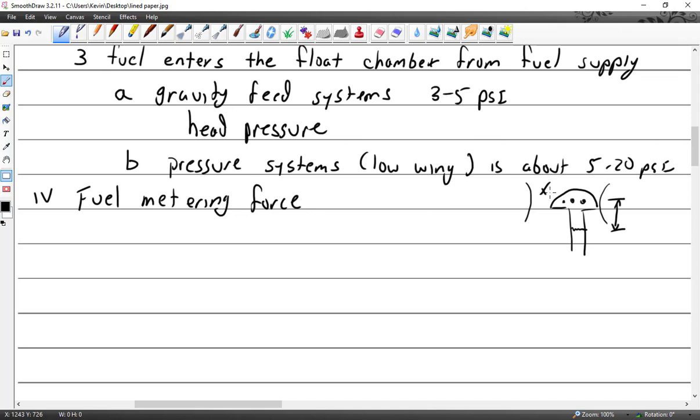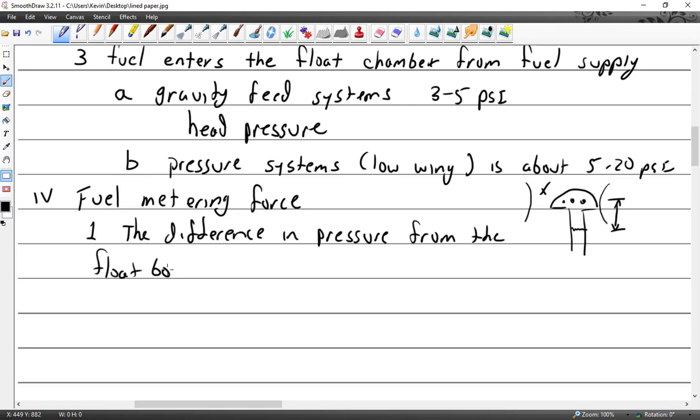So thus we go back to the suction mixture control theory. If we add suction that is equal to this to the float chamber, how much fuel comes out of here? None. Okay, so the fuel metering force, according to this, is the difference in pressure from the float bowl to the Venturi.